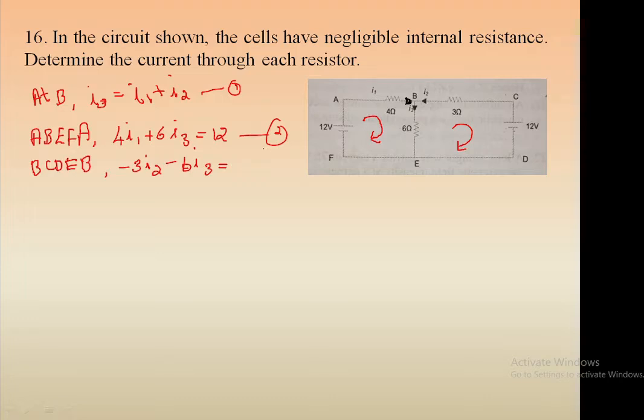for the positive direction, that is negative terminal to positive terminal, the EMF is a positive value. But here, in the clockwise direction in the second loop, the direction through the EMF is opposite, that is from positive to negative terminal inside the cell. So that 12 is a negative value.